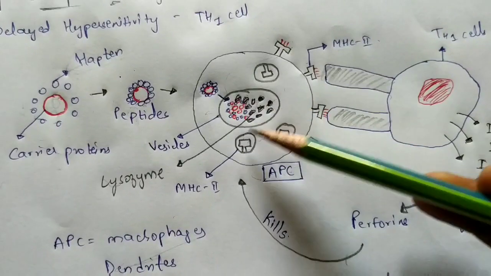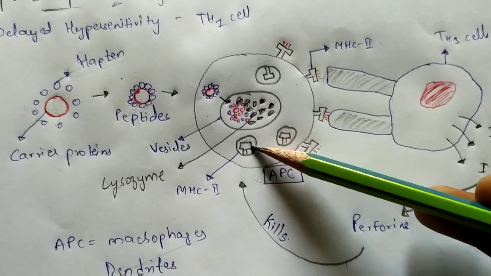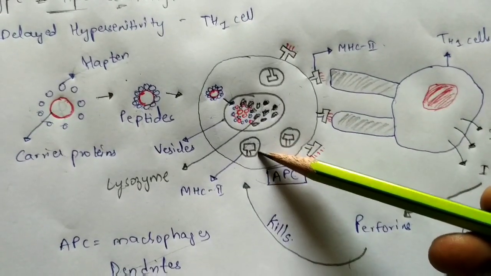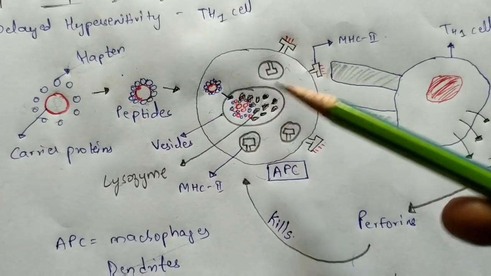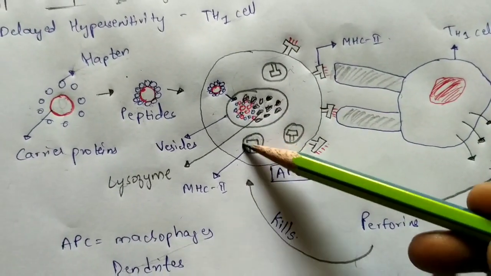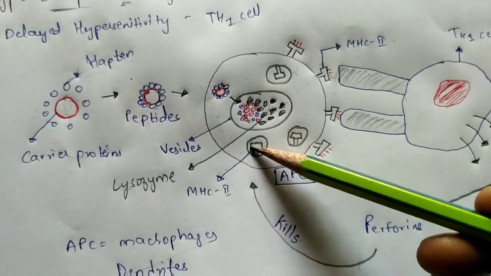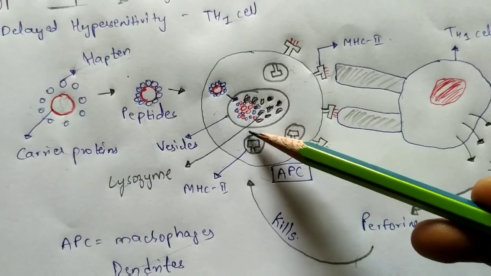And as we know, there are many vesicles present in the macrophages, and within other vesicles, MHC class 2 molecules are present. If you see here, these are other vesicles. All of these are vesicles only. In other vesicles, MHC class 2 molecules are present. And what is the main function of these MHC class 2 molecules? MHC class 2 molecules will attract the finely divided particles from these vesicles.